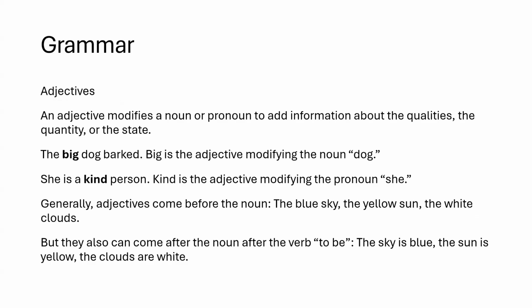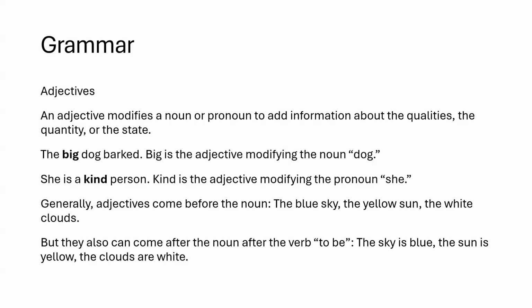Big is the adjective modifying the noun dog. She is a kind person. Kind, I made a mistake. That should be modifying the noun person. This is wrong. All right, well, that's two mistakes.